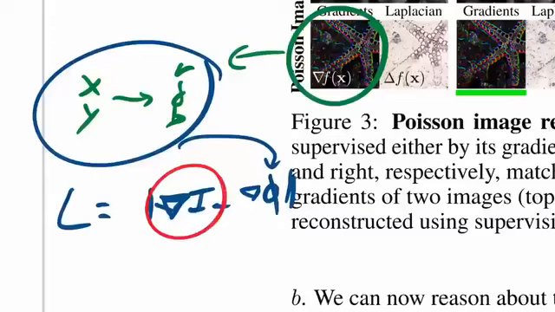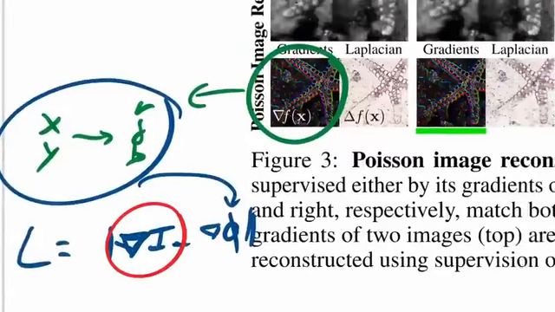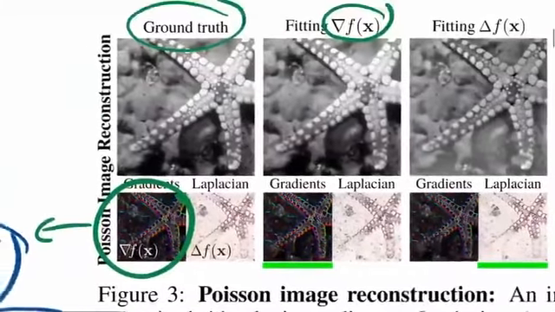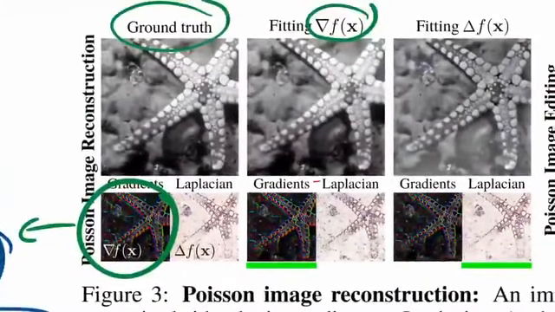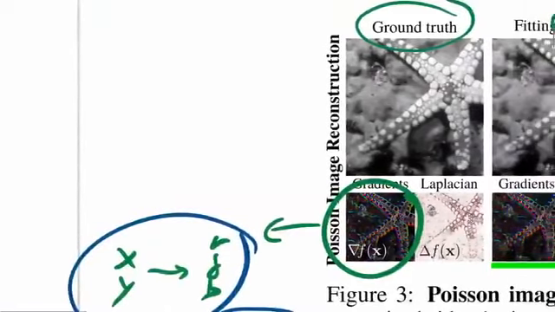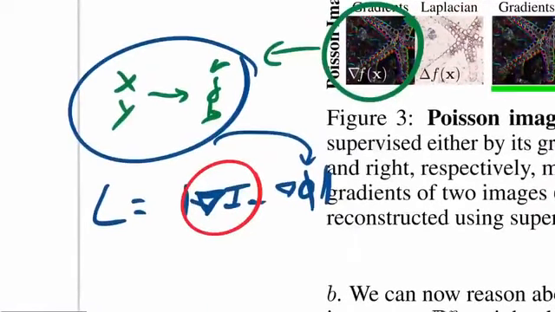Now, again, you can say, why can't we just match the image itself? And valid point, but it's not about why can't we just, it's about demonstrating the power of these networks. So if you only match the gradients, right, what you'll find is if you then look at the function, you still find the function. You don't find the gradient.